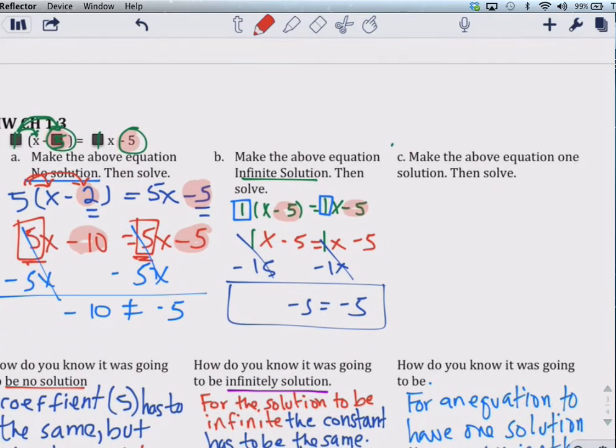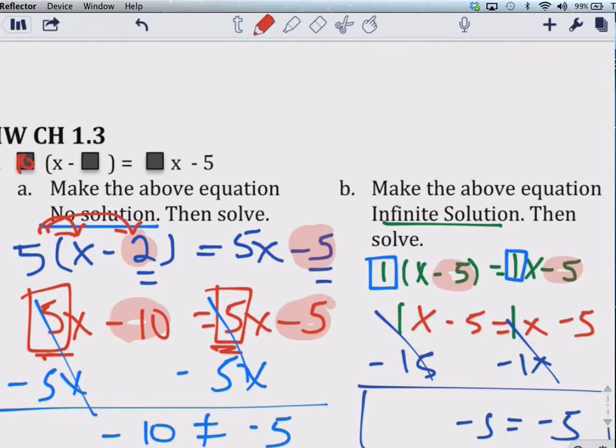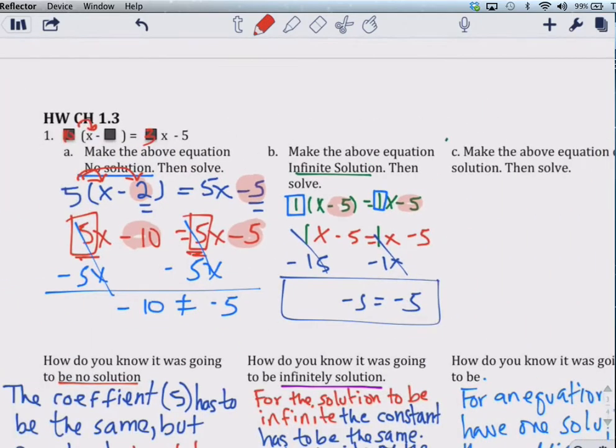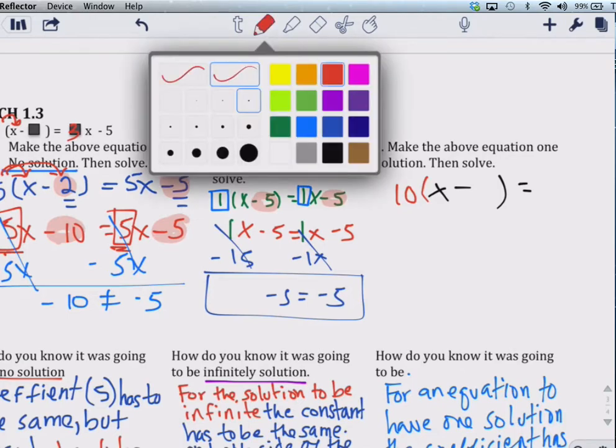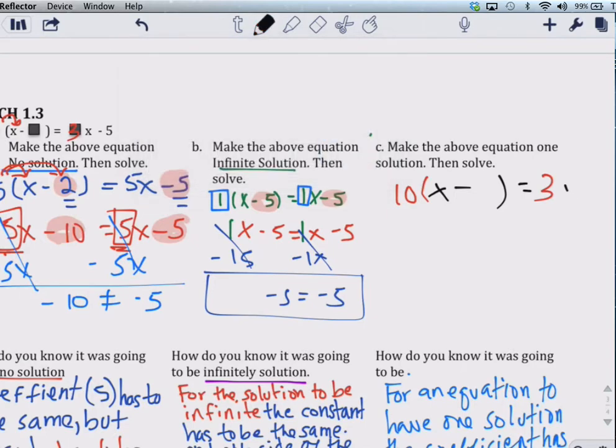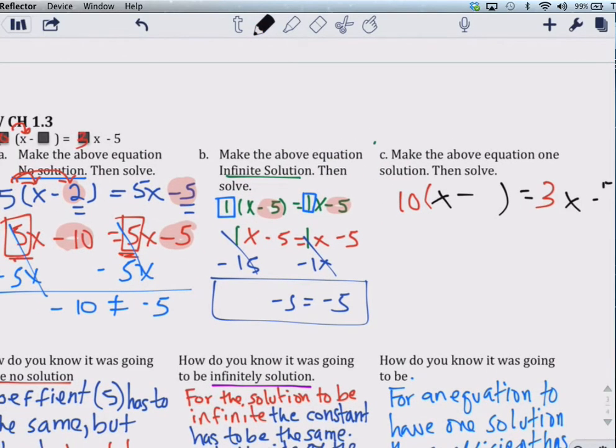It's easy. So for here, I can put 10 here, and I can put 3 here. They're different. As long as the coefficient, because this would multiply, so I get 10 parentheses x minus whatever equals 3x minus 5.